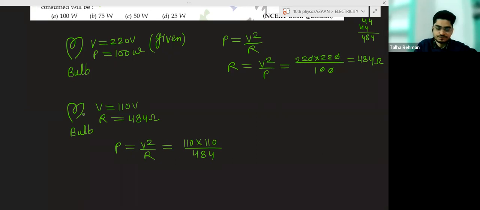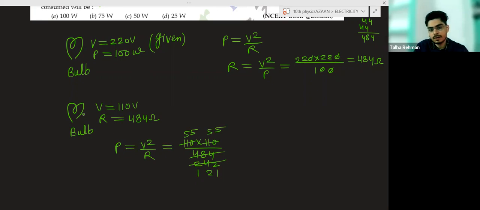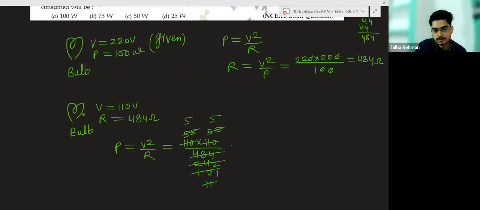Cancel this with 2. It will become 55. Now cancel this again. It will become 55. So now it can be cancelled. 11 by 11 is 121, and 11 by 5 and 11 by 5, it will be 25 watt.